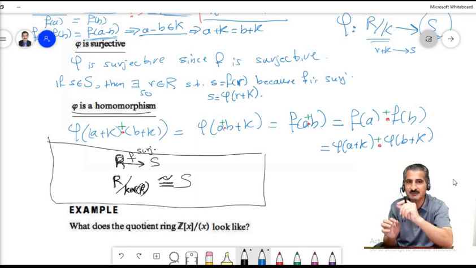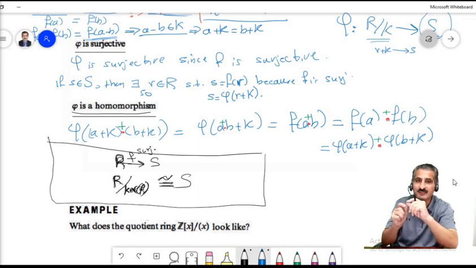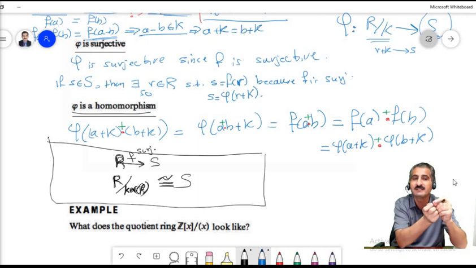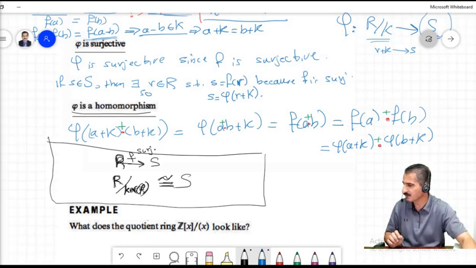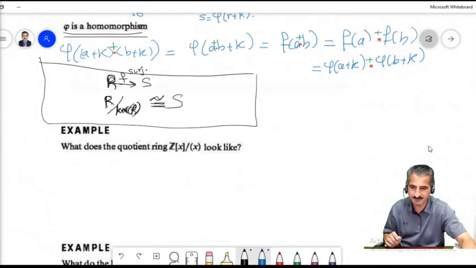Once that amount goes inside f, then that amount is collapsed. The difference will disappear, and then these two elements will be the same. Very interesting to look at things in algebra this way.